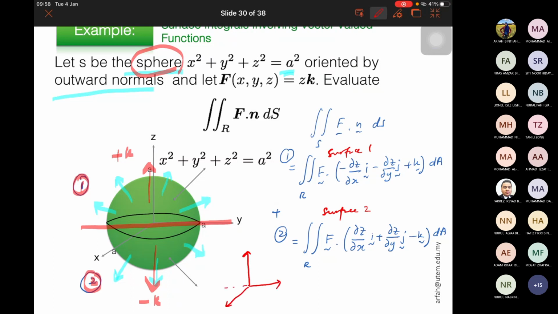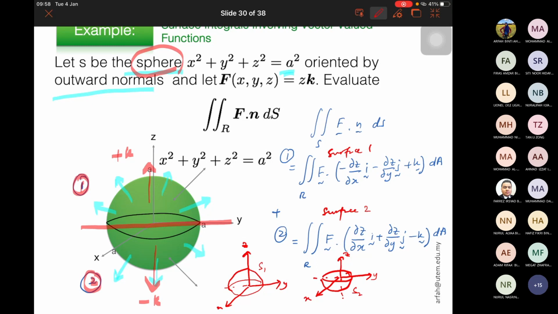Okay. This is surface 1, X, Y and Z. And then surface 2 dia akan jadi dekat belah bawah punya. Okay. So like this. So X, Y and Z. So this is surface 1 and this is surface 2.